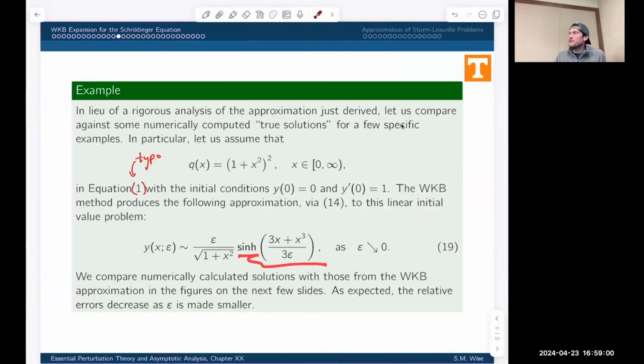Sinh gets large pretty fast, but then you also have an x cubed here, which is getting large. This guy is getting smaller, but it's kind of like linear in x, dividing by x for x large. That can't control this, which is exponentially growing. So it just blows up.